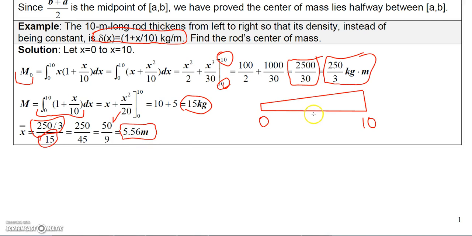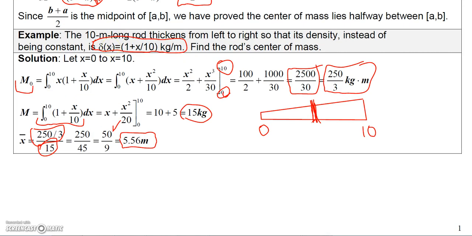Let's say this is the halfway point. In this example, the center of mass is a little bit farther than halfway, somewhere between 5 and 6 meters.